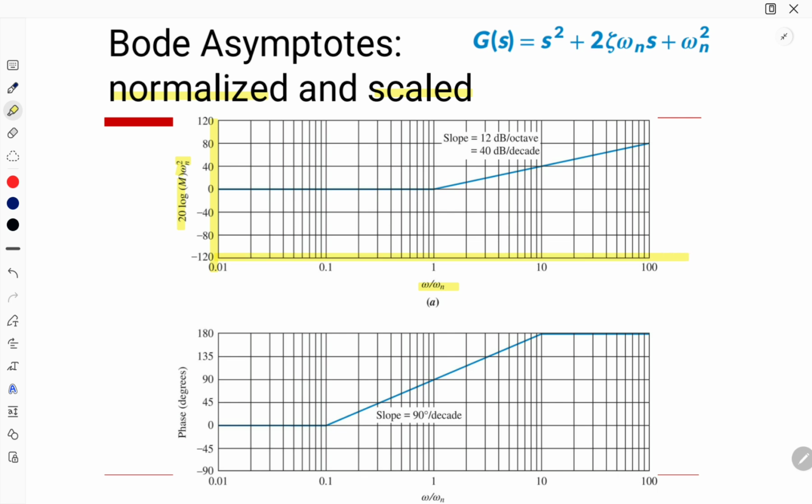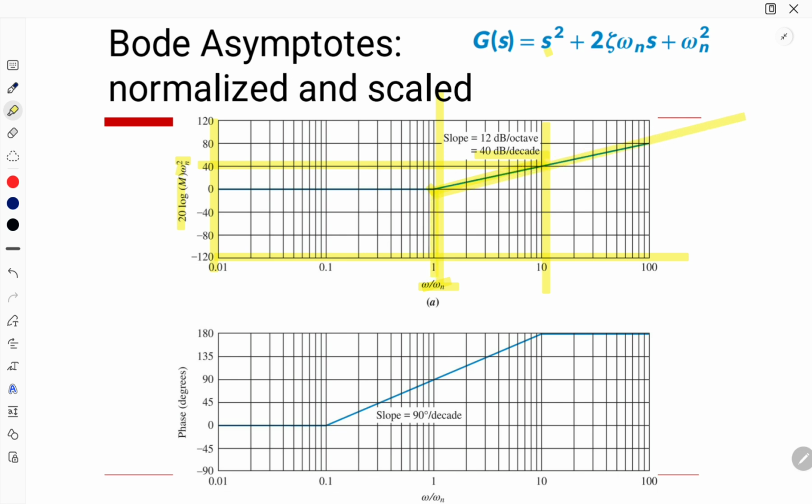It's not 1 hertz, 2 hertz, or 3 hertz, or 1 rad per second, 2 rad per second, but it's normalized to the frequency of your interest. So instead of 20 dB per decade, for the second order system it's increasing. Do you notice? That's 40 dB per decade going up from the frequency of interest.